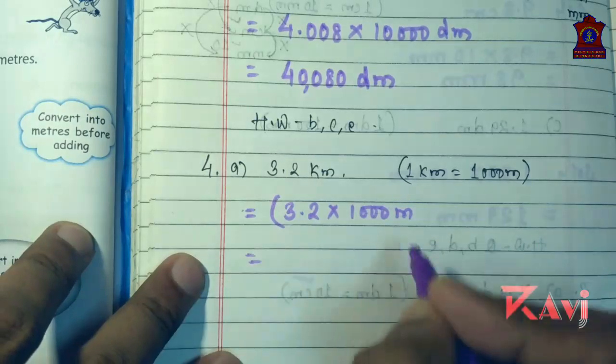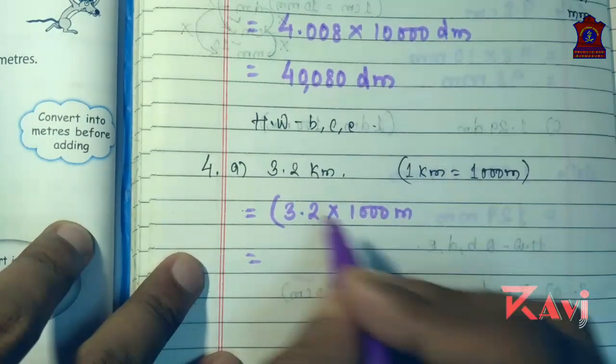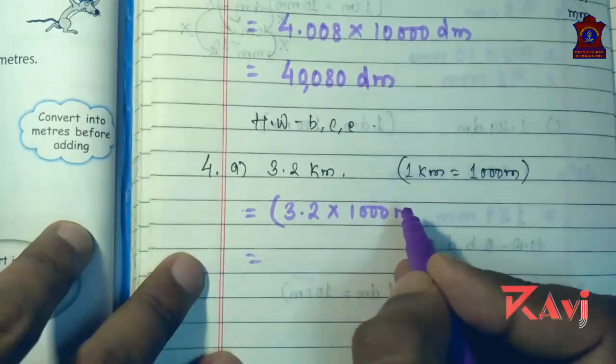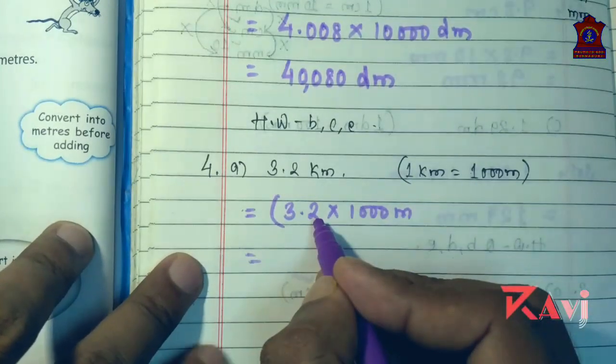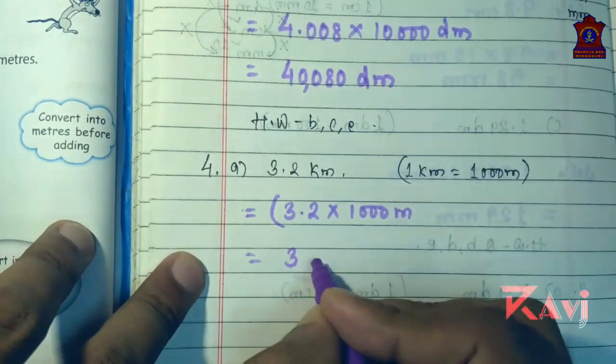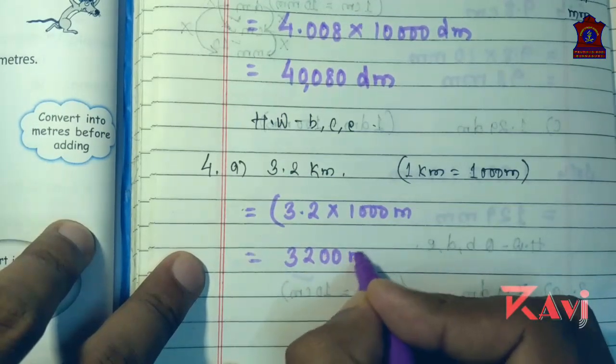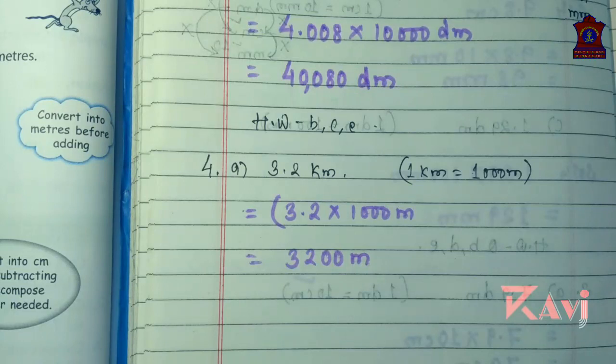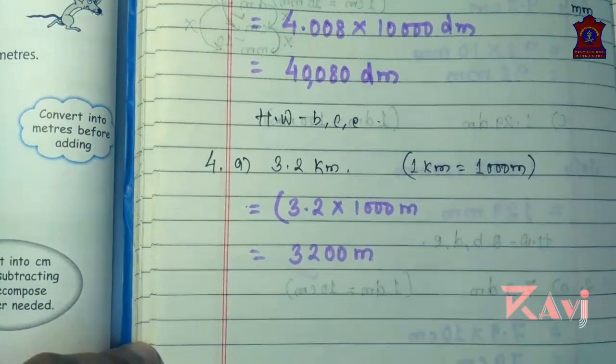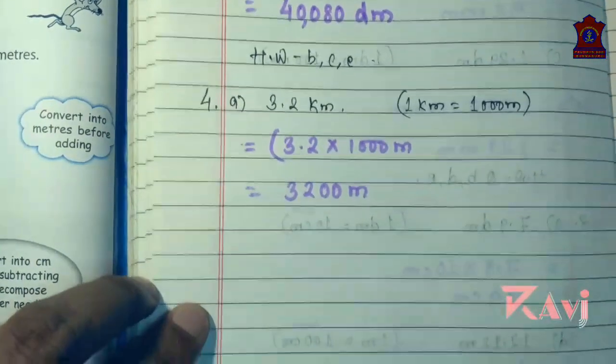There are 3 zeros, so the decimal will move 3 places right to the number. So 3200 meter. Clear?